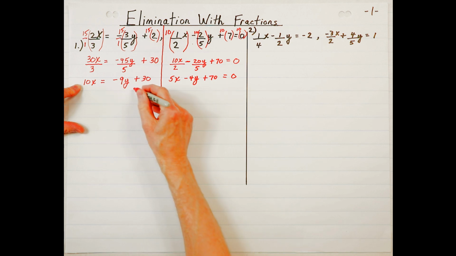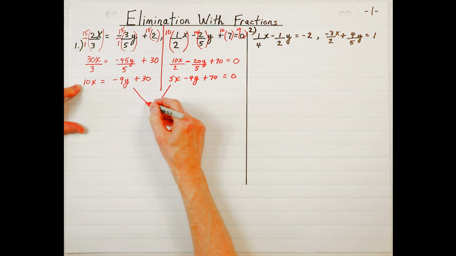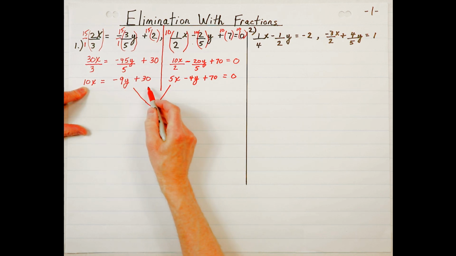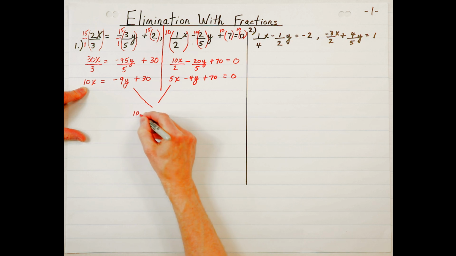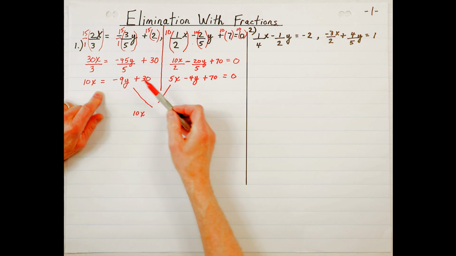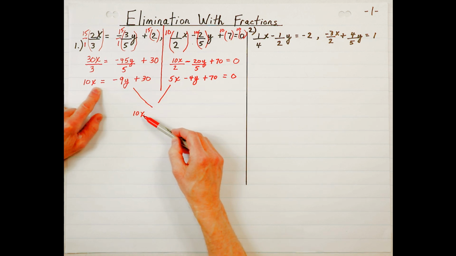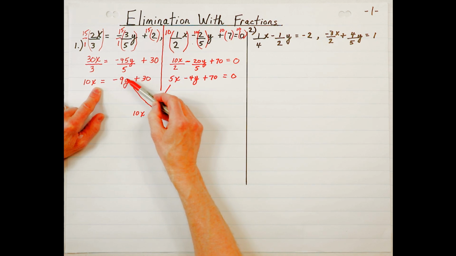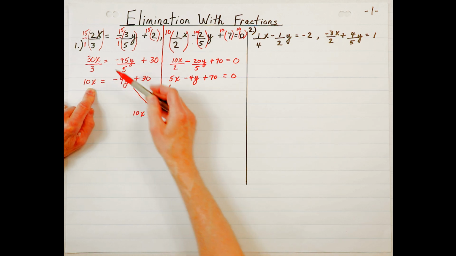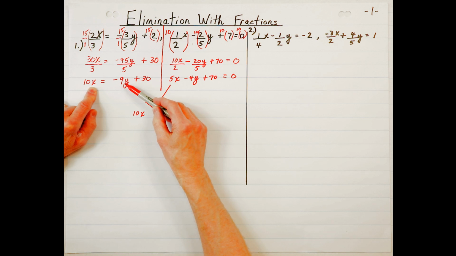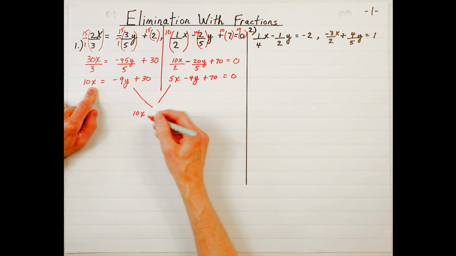So this equation, the first one, 10x. Now if I want the y term to be on the same side of the equal sign as the x, when I move the negative 9y from the right-hand side of the equal sign to the left-hand side of the equal sign, I have to do opposite operation, which means add 9y.